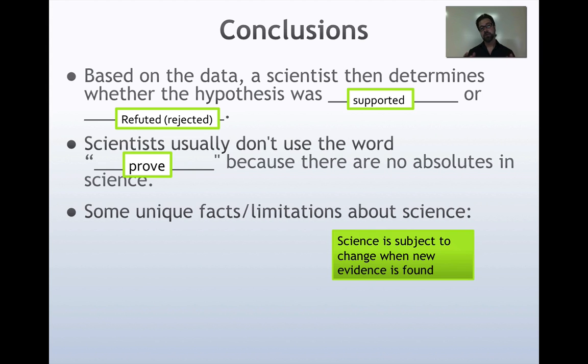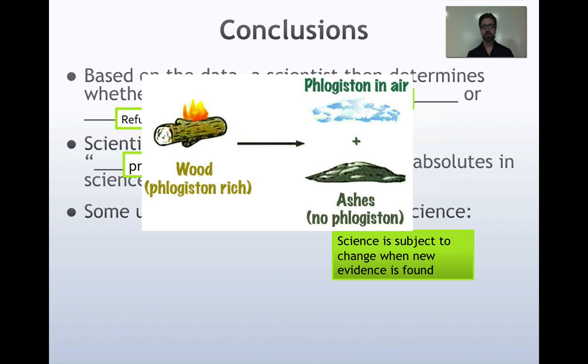So, like I mentioned before, there have been a lot of historical facts that have shown to be incorrect when experimented more thoroughly. For example, in this picture here, you see that when wood is burned, what is left over after you burn wood is a pile of ash. Okay? You also see this crazy word in there called phlogiston.